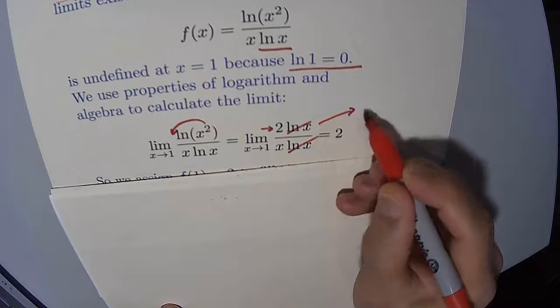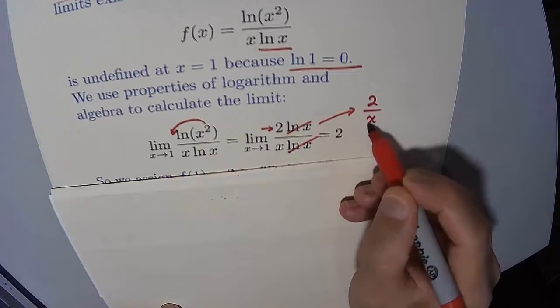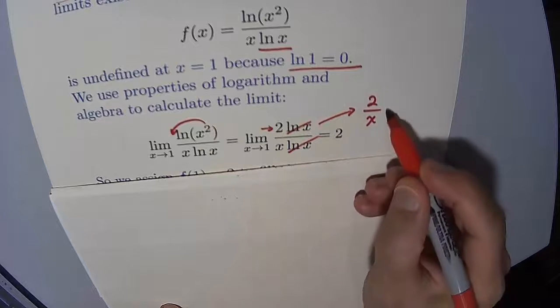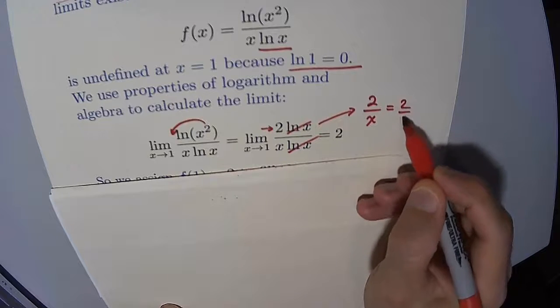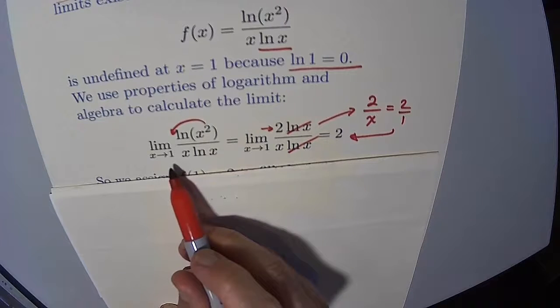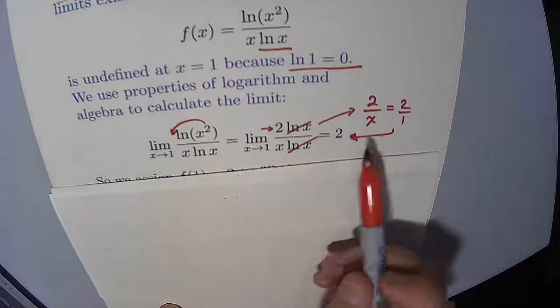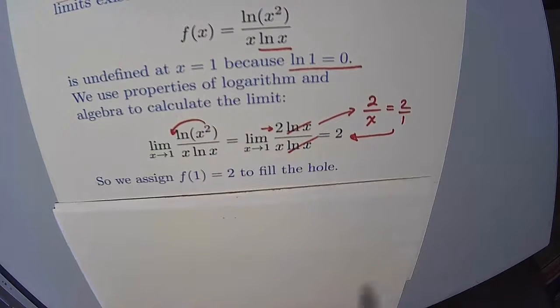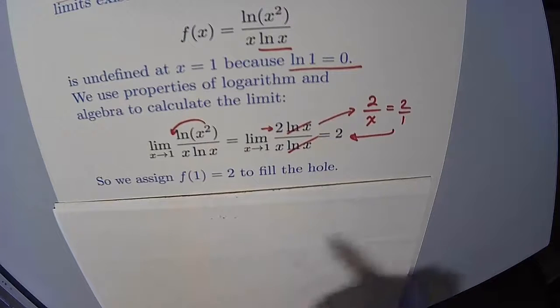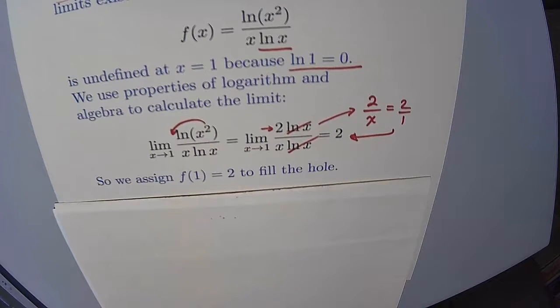What is left is 2 over x, and if I put x equal to 1 in this, I get 2 over 1, which is 2. So the limit as x goes to 1 of f of x is 2, which means if I assign 2 to f of 1, I'll remove the singularity and fill the hole. And this is a good place to stop.